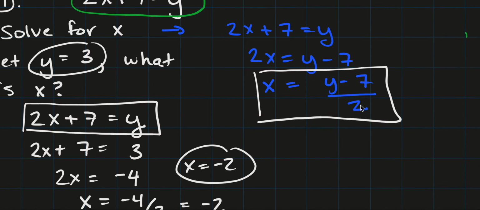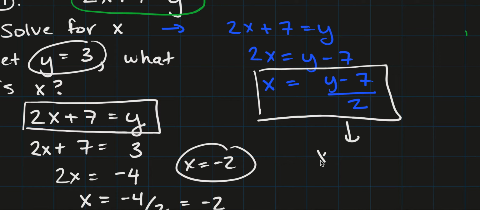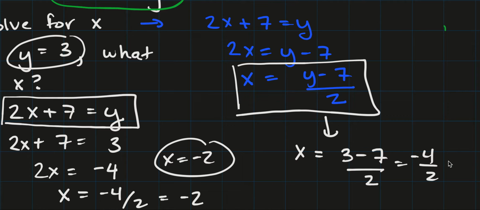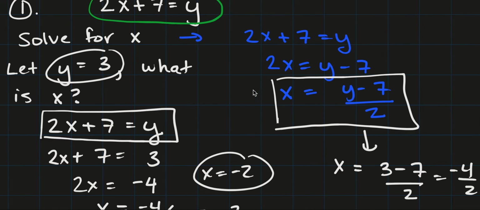So if we're going to use this, we see that we have x is equal to 3 minus 7 divided by 2, which is -4 over 2, which is -2, which is what we got this way. It's actually easier to do it this way by solving for x first, because every time we plug in like this, we're going to solve for x. So this actually makes less work for us if we have several problems we need to solve.